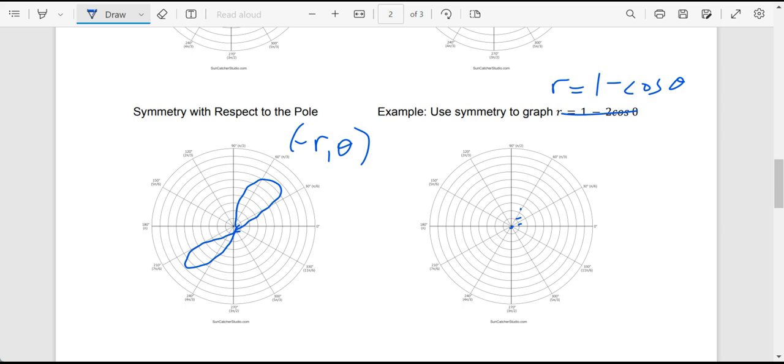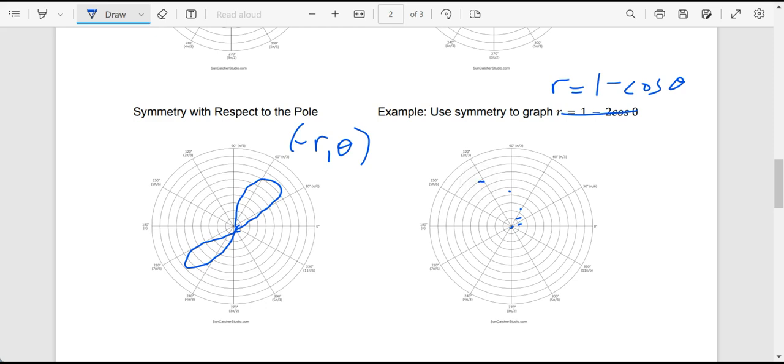Then pi over 2 will get me 1, because 1 minus 0 is 1. Let's go over here. Let's do 2 pi over 3. That will get me something larger, 3 halves. So a little bigger.